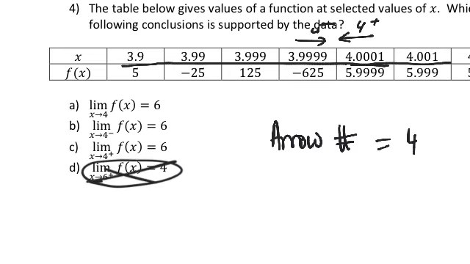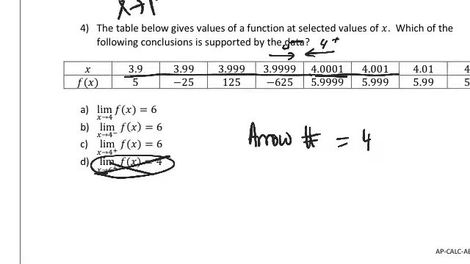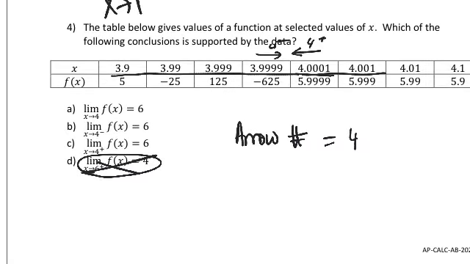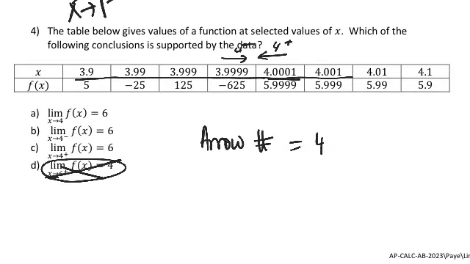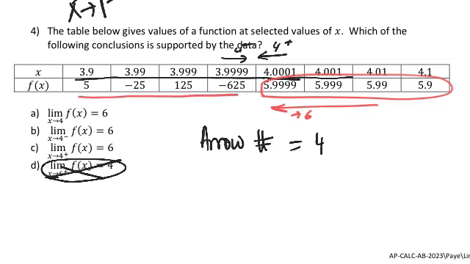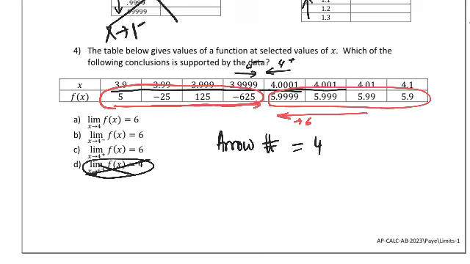Okay, now let's take a look at the y values. The y values look like from this side, right? So if I look at these y values, then from this side, they are approaching 6, right? However, from the other side, they don't seem to really be approaching anything. They're doing all kinds of things, right? So the left side approach looks like I cannot conclude that I'm approaching 6 from the left.